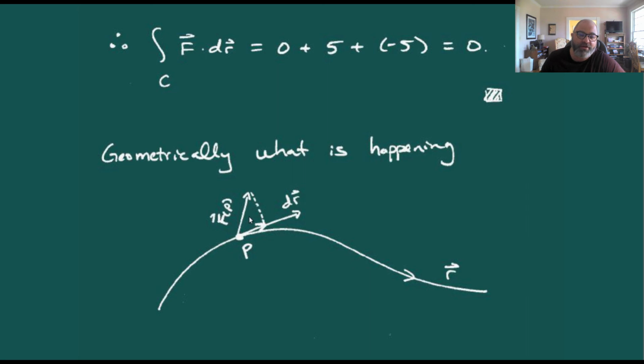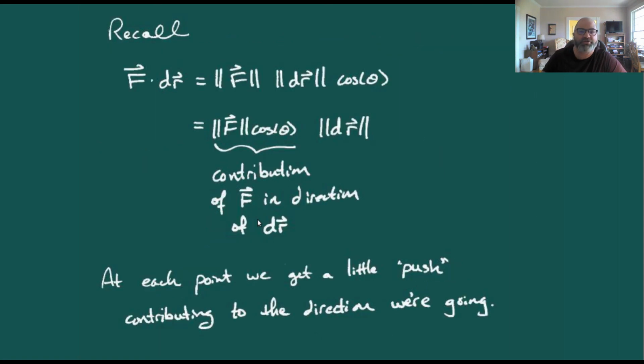And so if we look at how much of this F of P vector is going in that direction, one thing that we can recall is that F dot dr is the length of F times the length of dr times the cosine of the angle in between.